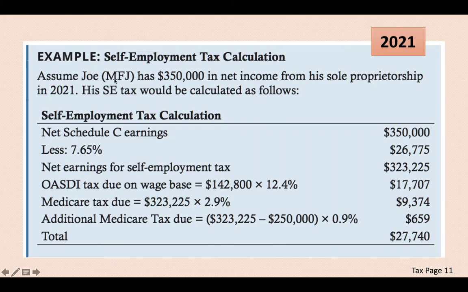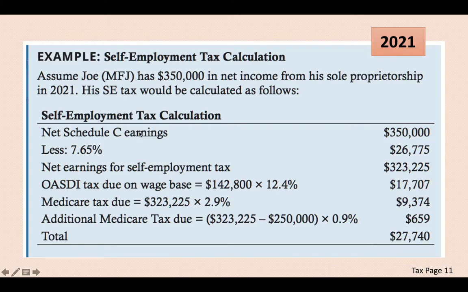For his self-employment, he is a sole proprietor, so he has income on his Schedule C, net income from self-employment, of $350,000.